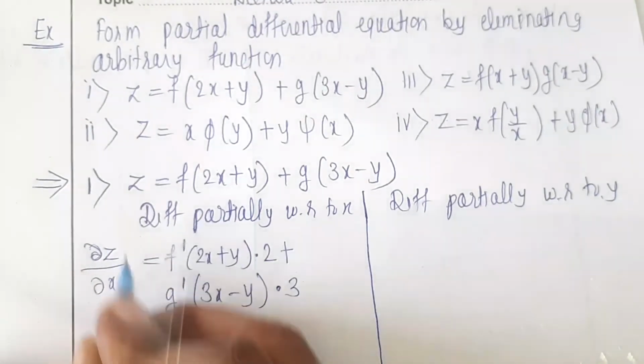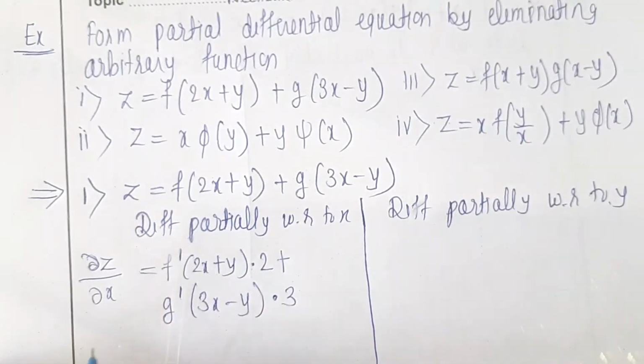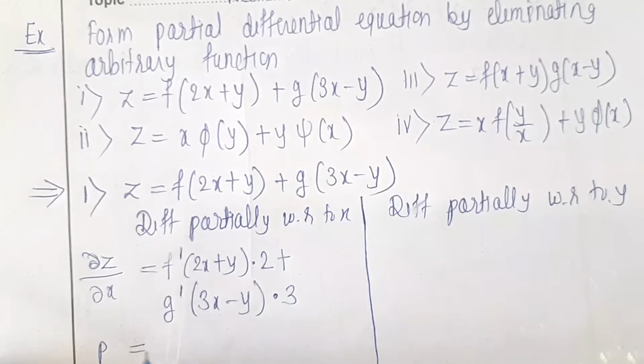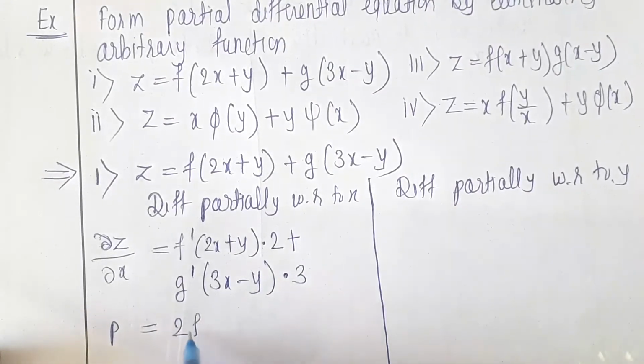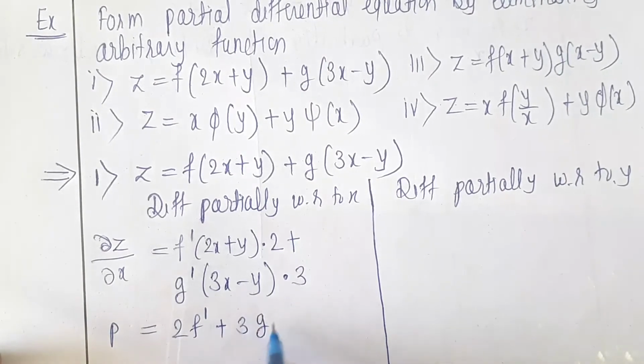So we get del z by del x as p. In short we can write p is equal to 2 times f dash plus 3 times g dash.